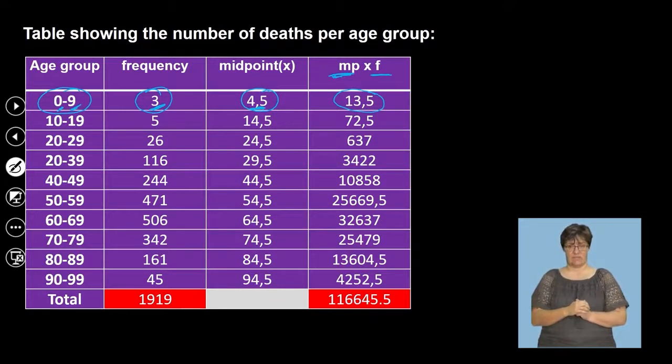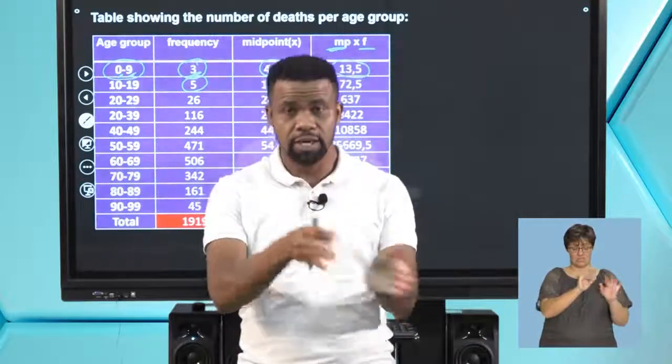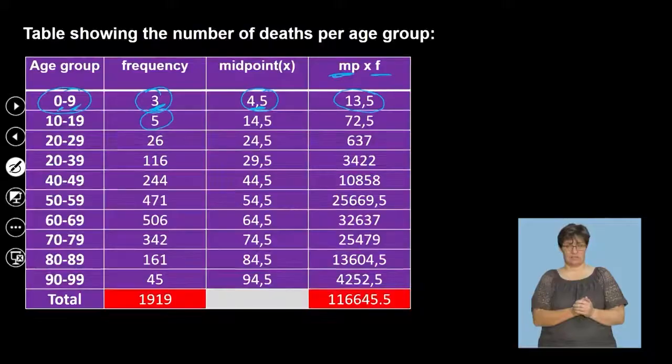And we do this for each and every age group. From the age of 10 to 19, we do the same. The frequency is 5, meaning 5 people between the age of 10 to 19 died from COVID-19. The midpoint is 14.5. Are we together? Then we multiply, that's what we get.